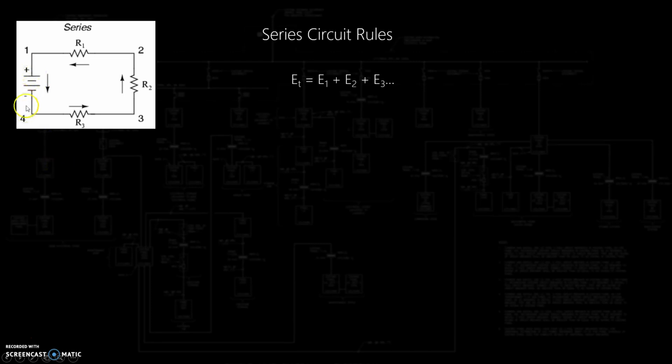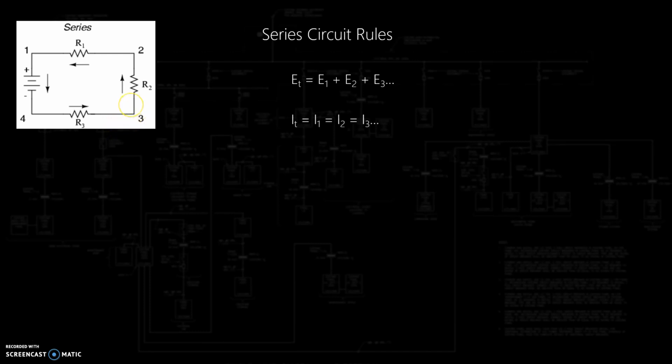But if you take a voltage reading from here to here, you're going to have less than 120, because essentially some of that voltage has been used up. Each one of these resistive elements is going to use a certain portion of your voltage until there's none left at the end of the circuit. When we look at an example, maybe that'll make more sense, but keep that in the back of your mind for now.